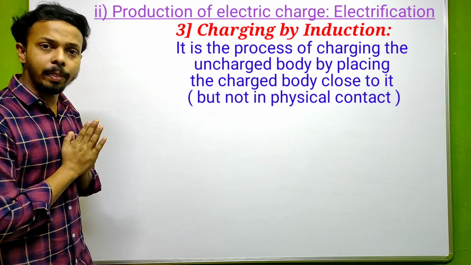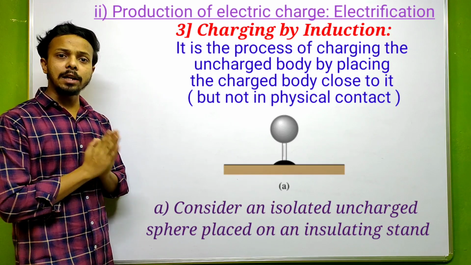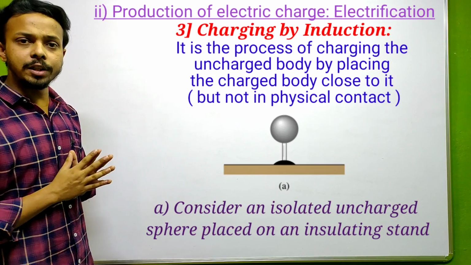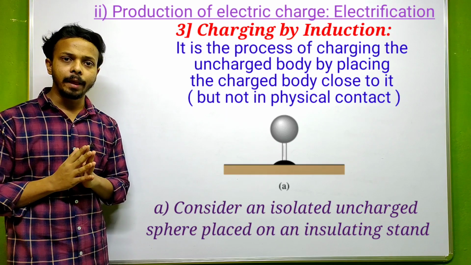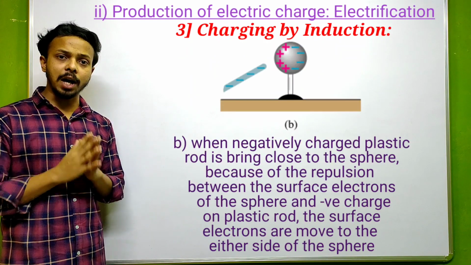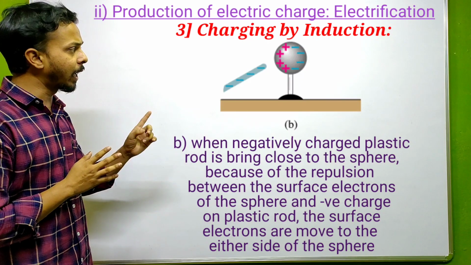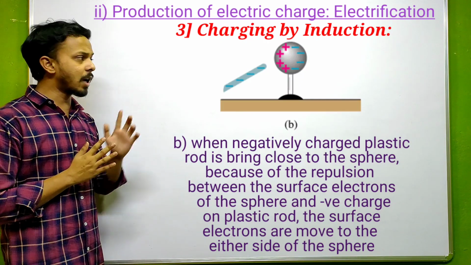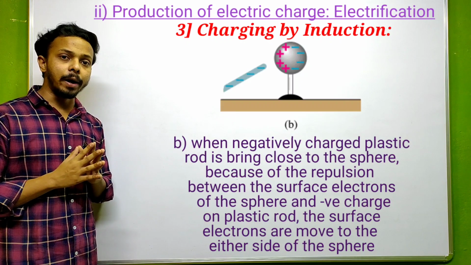So let us understand this. Now consider an isolated uncharged sphere which is placed on an insulating stand. Okay. Now when a negatively charged plastic rod is brought close to that uncharged metallic sphere, what happens?